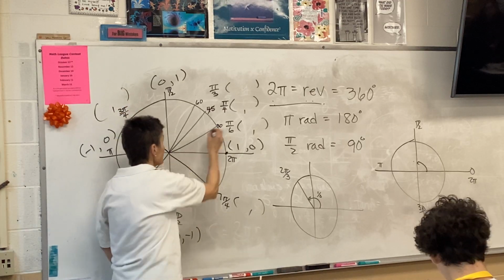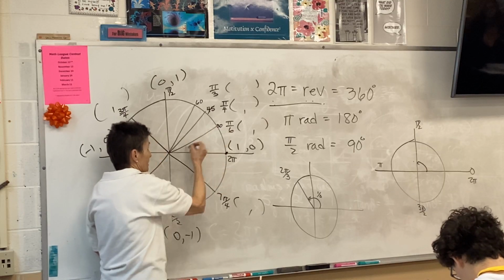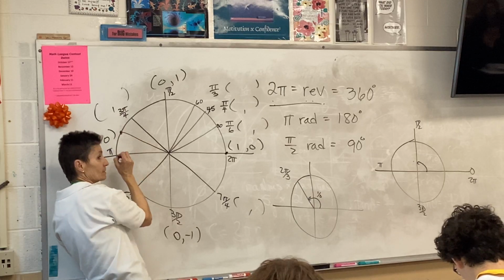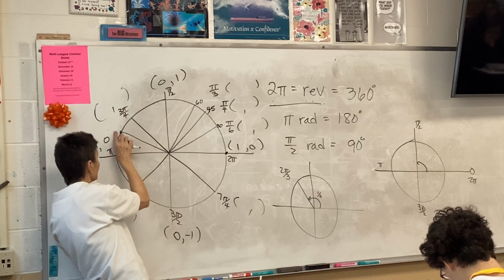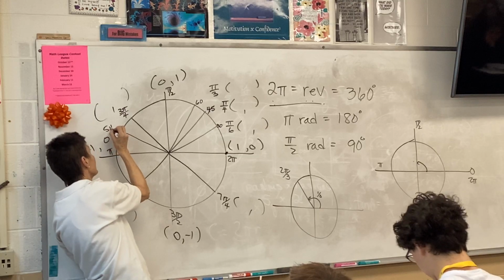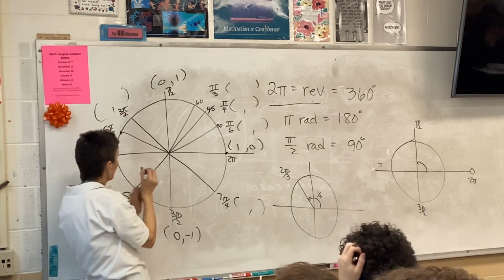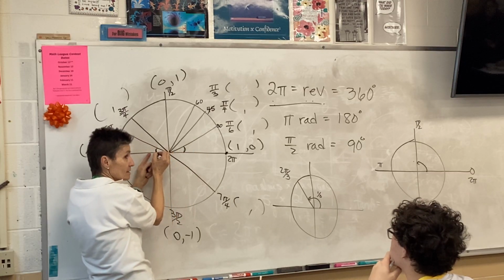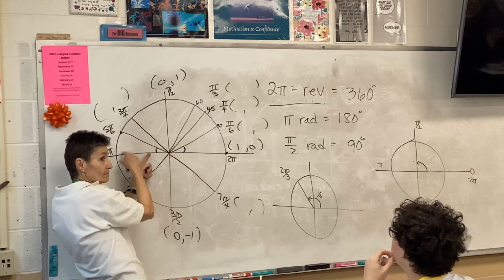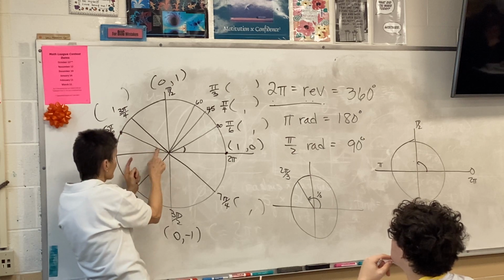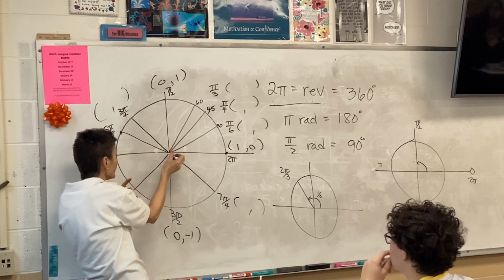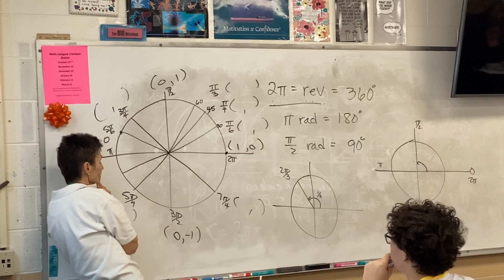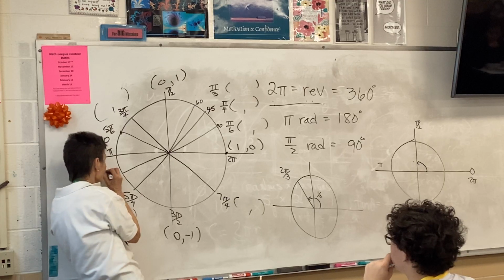Now, this one was a 6th. So what do you think this one is right here? 5 pi over 6, because that was a 6th, this is going to be a 6th, and that's a whole pi. So that's 5/6 right there. Very good. Now what about this one? 7/6.